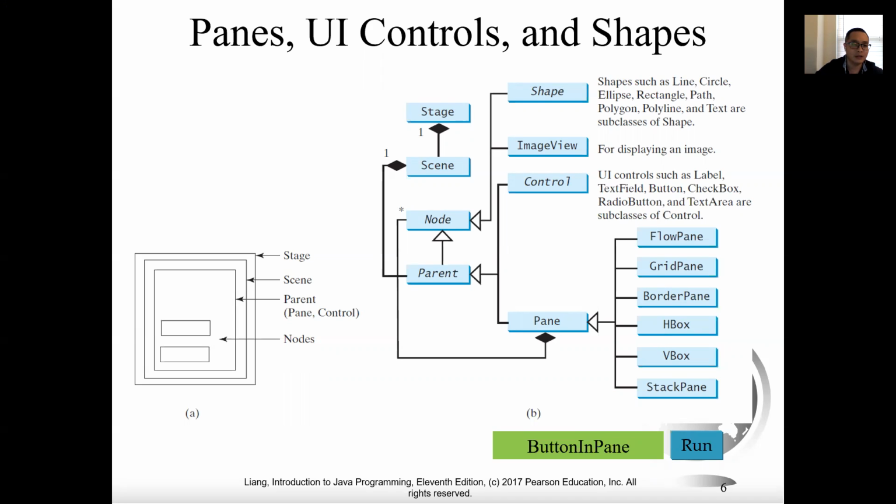Then the next level is the scene, and the next level is the organization component, which is called the parent, which includes the pane and the control, and it is used to organize the components. And the nodes actually contain all the components like the button, the image view, and the shape in this case. And let's look at the simple example, button in the pane.